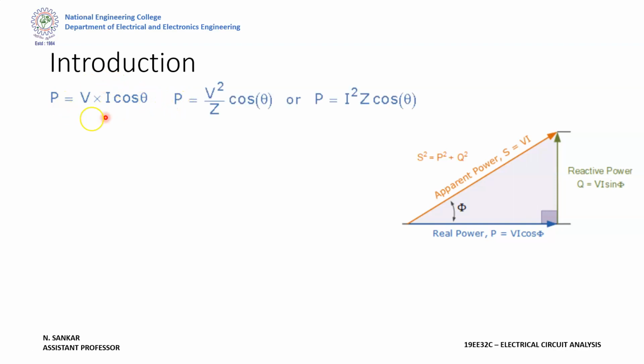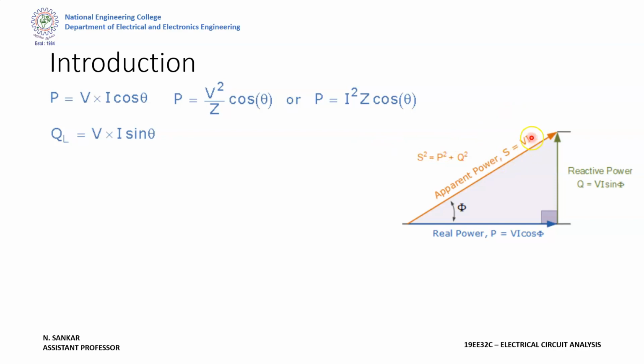You can also represent the power in terms of impedance Z: V square by Z into cos theta, similarly I square Z into cos theta. For reactive power, Q is V into I sin theta. Apparent power S: S square is equal to P square plus Q square, that is S is equal to root of P square plus Q square, or simply S is equal to V into I.